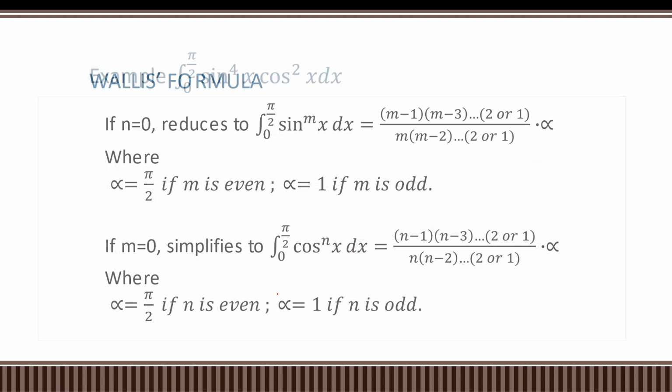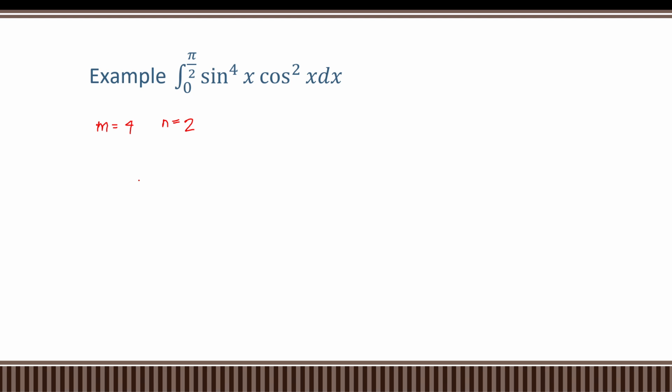So let's apply the formula. The integral of sine^4 x cos^2 x dx from 0 to pi over 2 is equal to, for the first part, our m is equal to 4, therefore 4 minus 1 times 4 minus 3, which reaches 1 already.